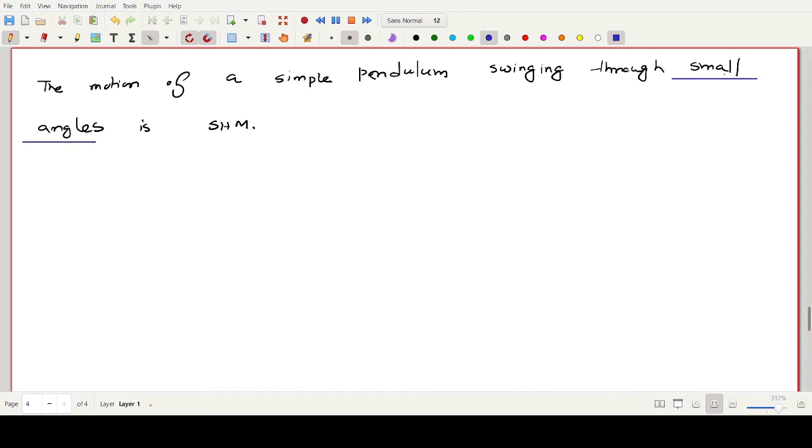If the simple pendulum swings through some small angle, then the motion is simple harmonic motion. Otherwise it will be an oscillatory motion, not simple harmonic motion. And if the angle is small, then you can write sine theta is approximately equal to theta. Okay, is there any more question?